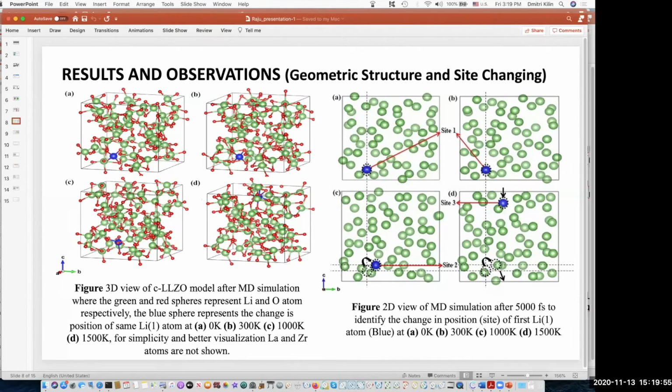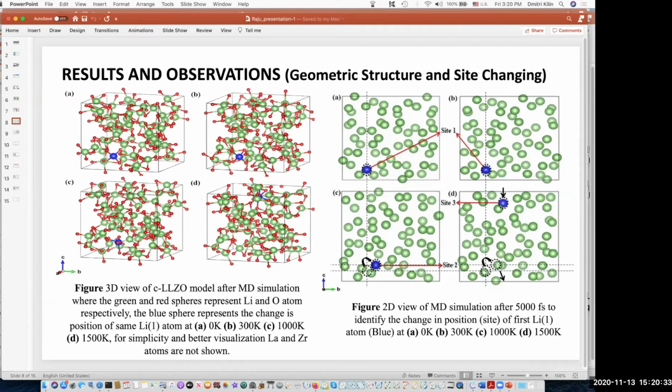In A, the blue atom, that is the lithium atom, is our point of interest. Please let me clarify that we didn't show the lanthanum and zirconium atoms here because throughout the movie, and also from the RDF, you will see the lanthanum and zirconium atoms are almost fixed in their position. So we ignored them for clear visualization.